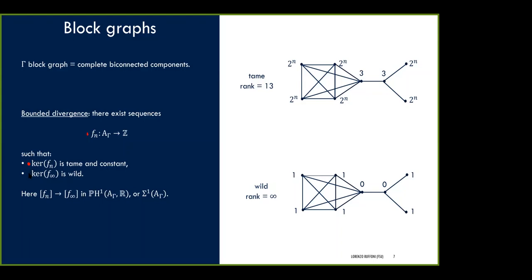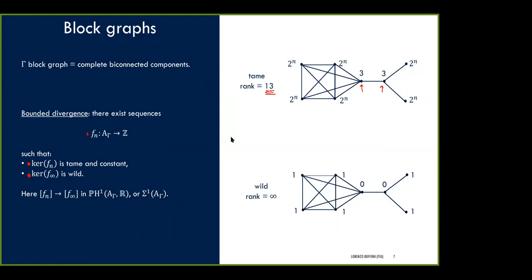But in the limit, you get something which is wild, meaning it surjects to F infinity. So very large. In the concrete example on the right, I'm sending the cut points to 3, and everything else to some power of a coprime number. You apply your rank formula here, and you find that independently of n, the rank is always a fixed number.